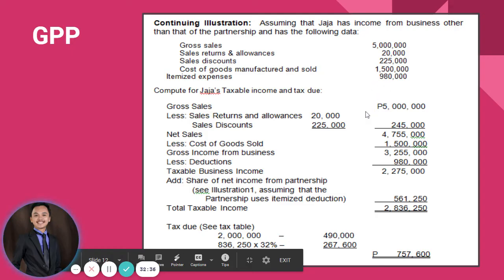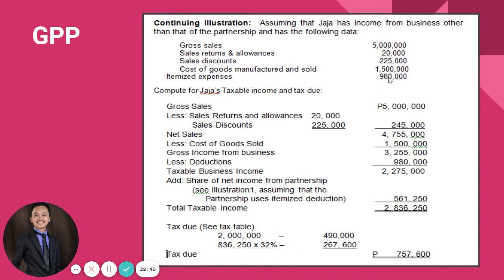So in this case, we assume that Jaja will use itemized expenses, and then again, he will opt to tax his business income using the graduated tax rates, because Jaja can also opt to tax this income from business at 8%. Okay?